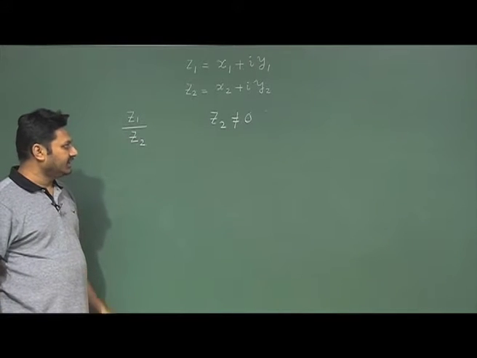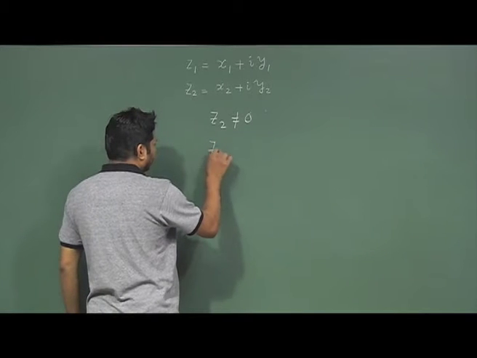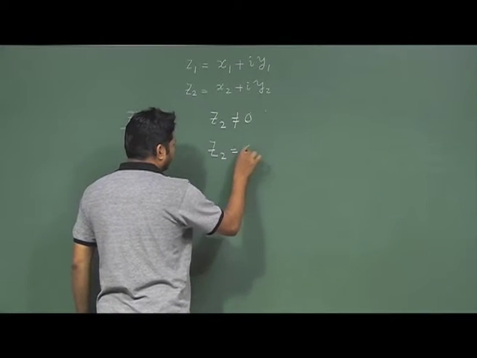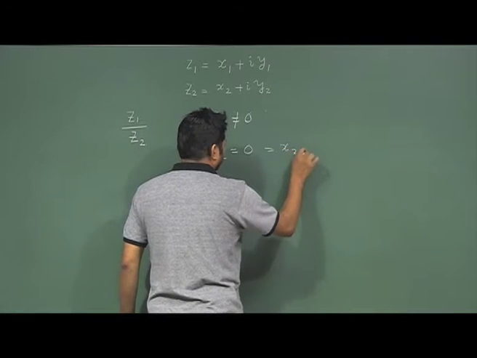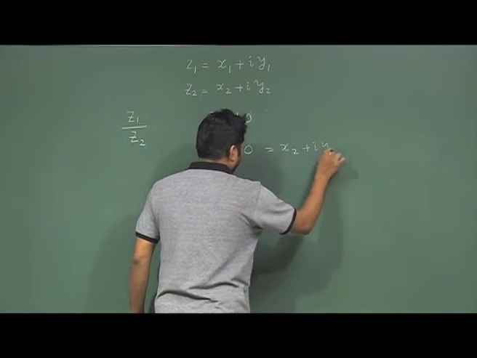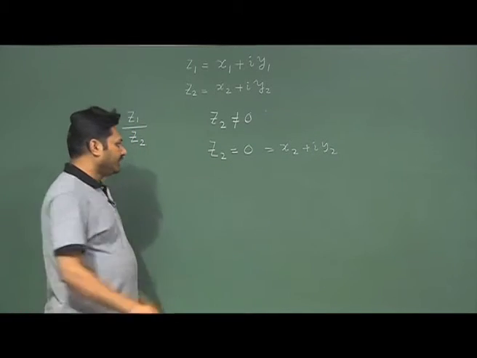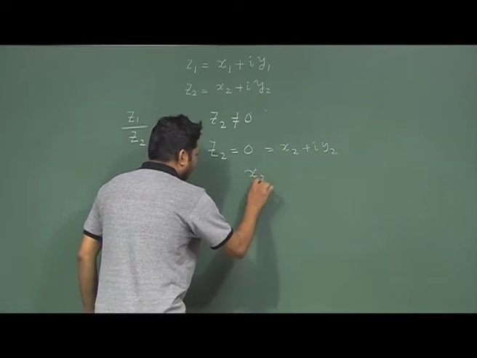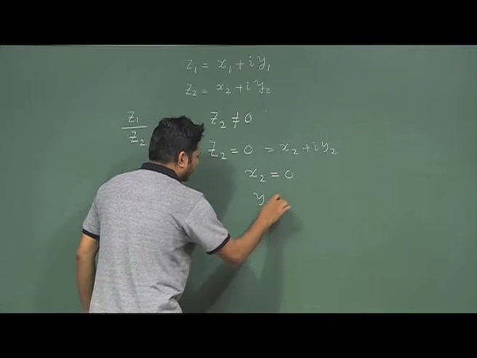But the question is, let me go back to our thing. If I say z2 is equal to 0 where it is x2 plus i y2, if a complex number is 0, that essentially means the real part is 0 and the imaginary part is also 0.